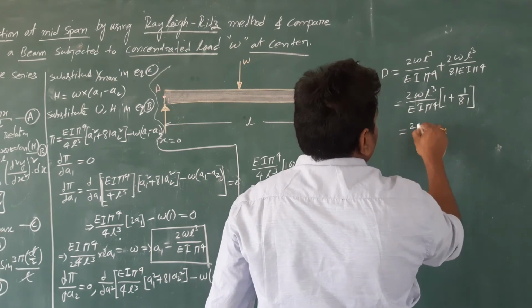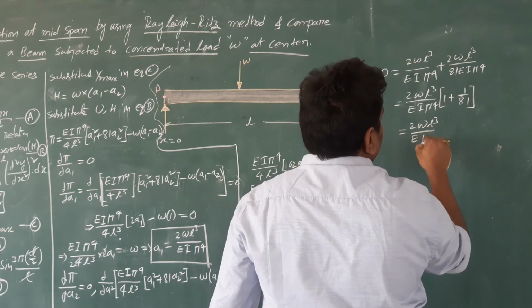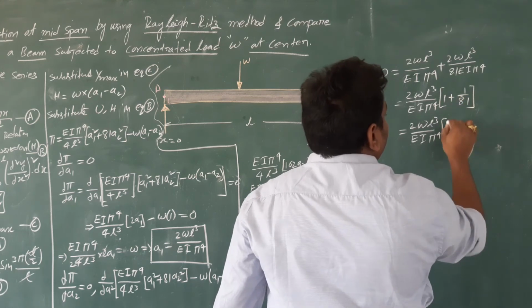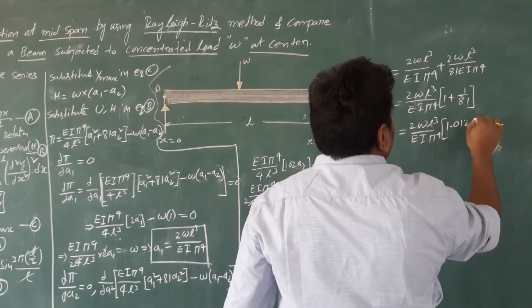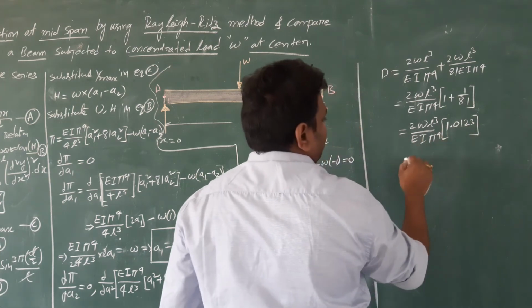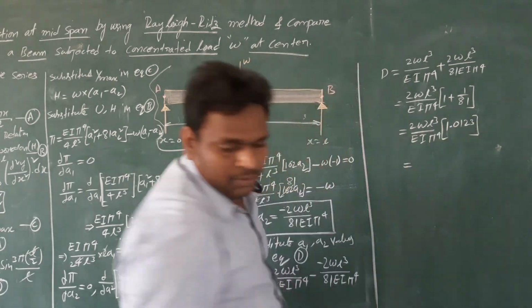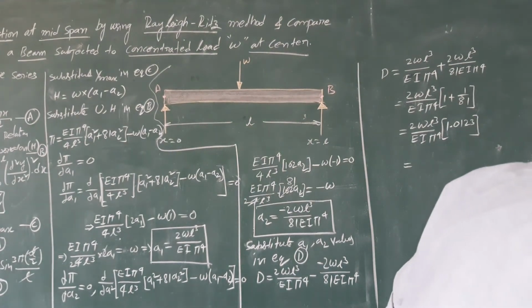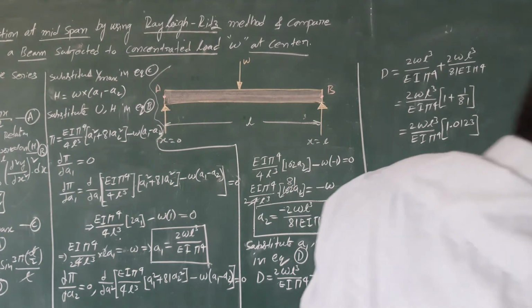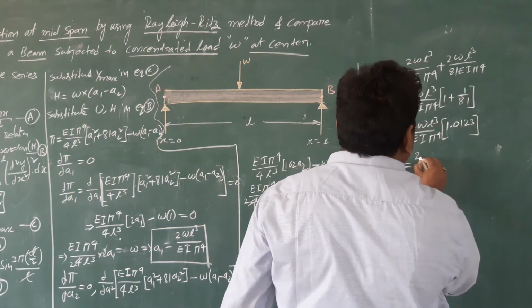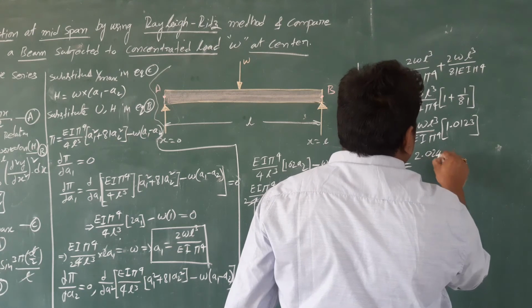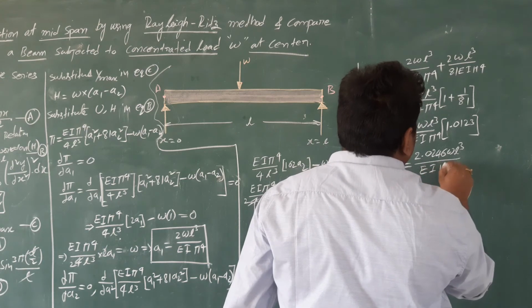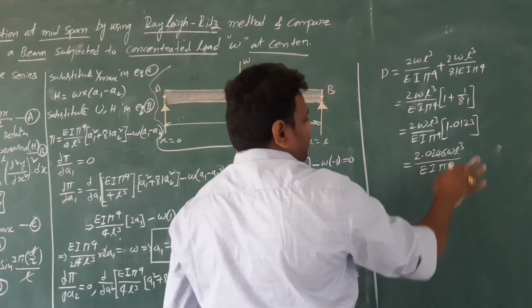That will become 1.0123. After multiplying the two, the value is 0.0246 WL cube divided by EI pi power 4. This is the final figure.